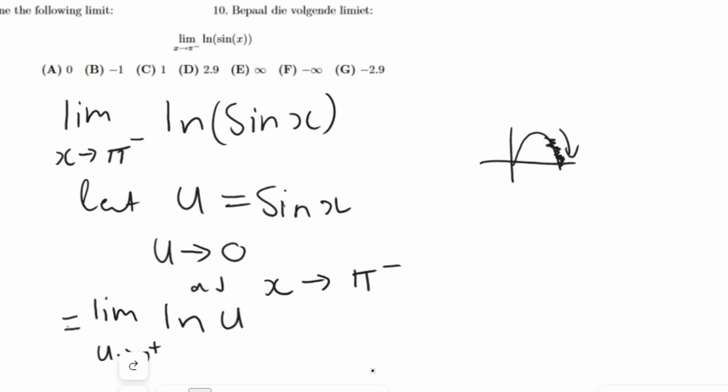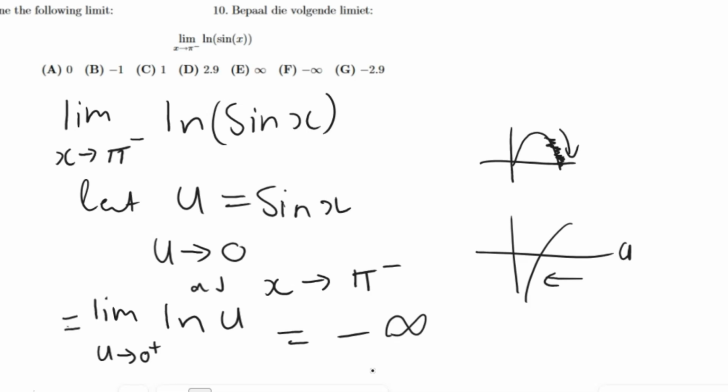So that is that. And then what is this limit? The answer here is just negative infinity. Why is it negative infinity? Because the graph of ln is a function that looks like that. This is your u-axis in this case. As you move towards 0 on your u-axis from the right, you move this way, and as you move that way, you get negative infinity.